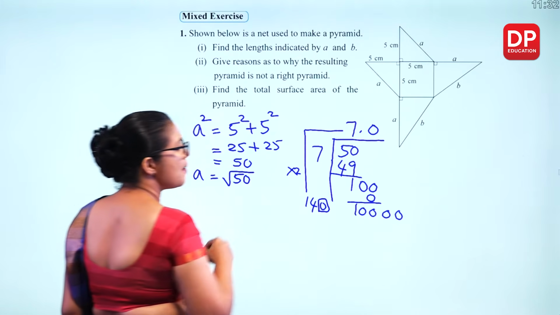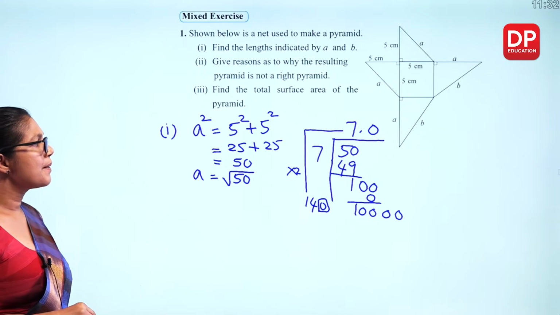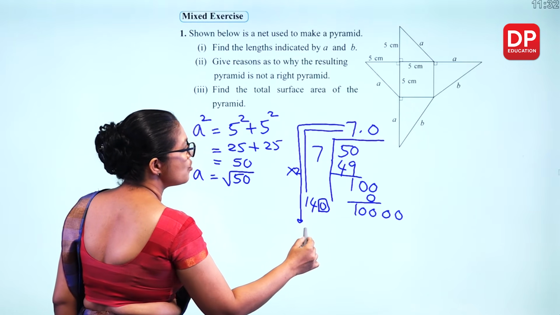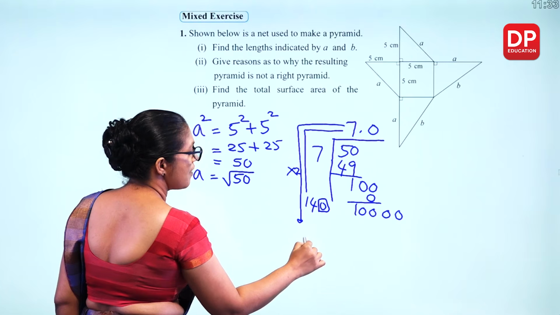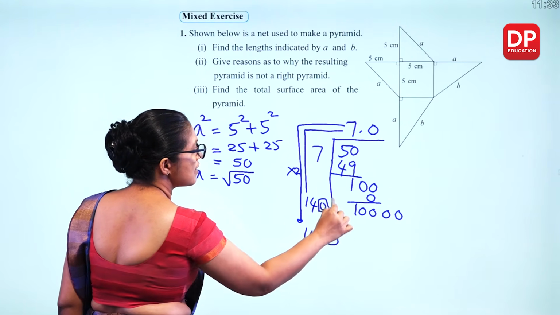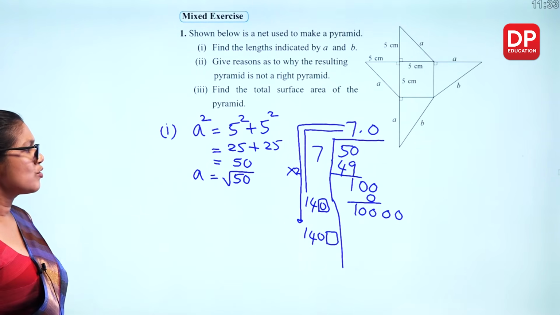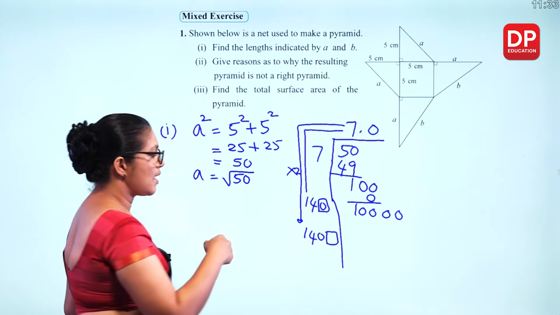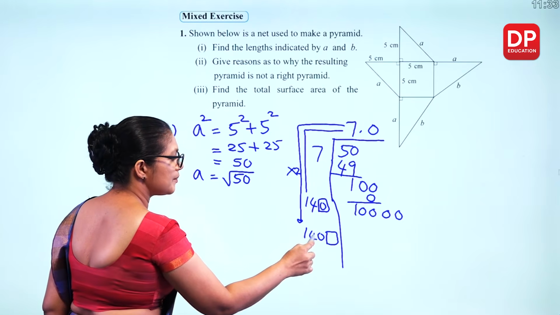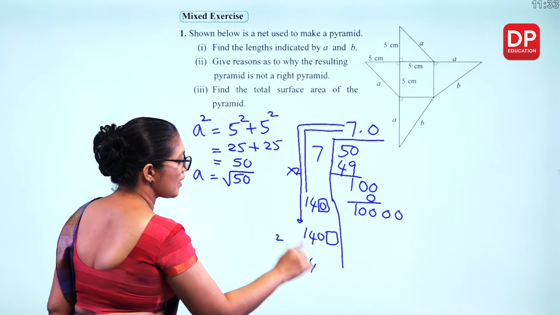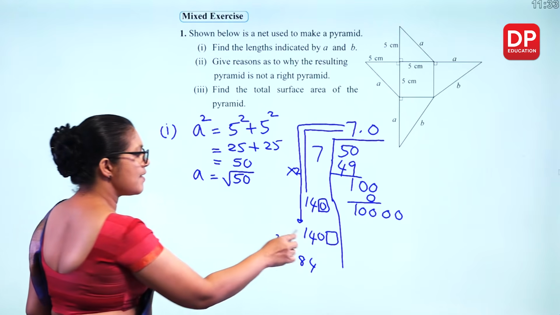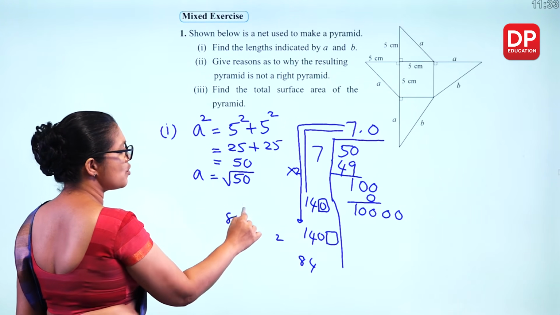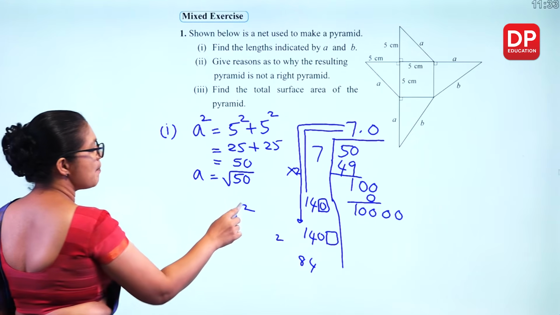Then take another pair of zeros, and 70 times 2 gives 140 something. We need 1400 something to get 10,000. When you put 9, it's more than 10,000. If you put 6, it's less. Put 7 and see: 7 times 4 is 28, 2 remaining. 7 times 1 is 7, plus 2 is 9.